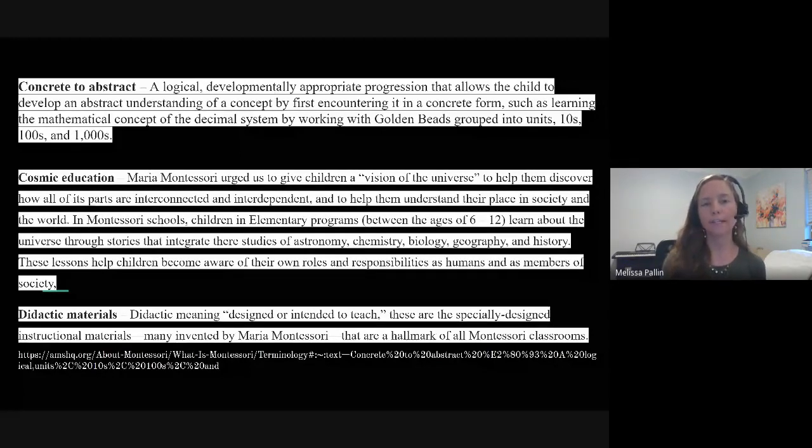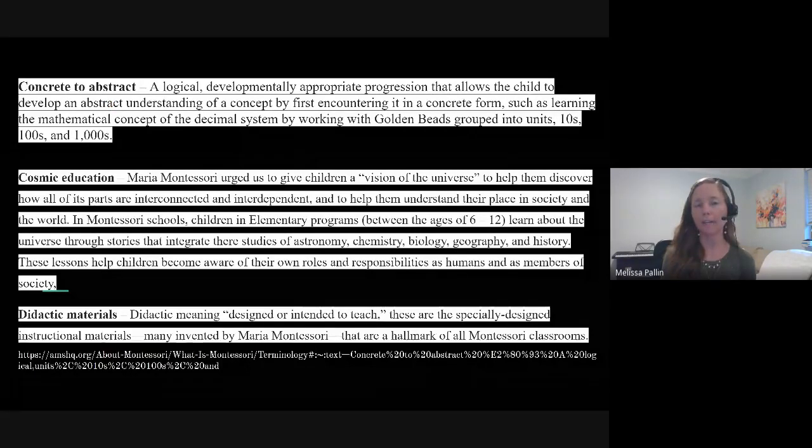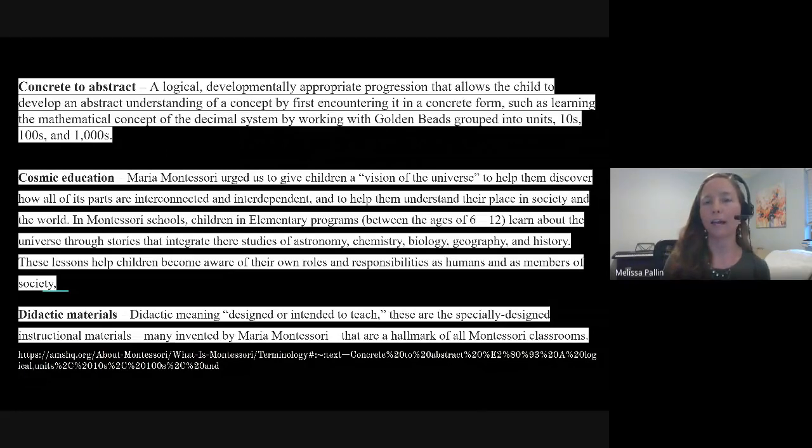So concrete to abstract. Montessori education works from exposing children to the concepts concretely before moving to the abstract. And so that allows for a developmentally appropriate progression that allows the child to learn and master these concepts for themselves.